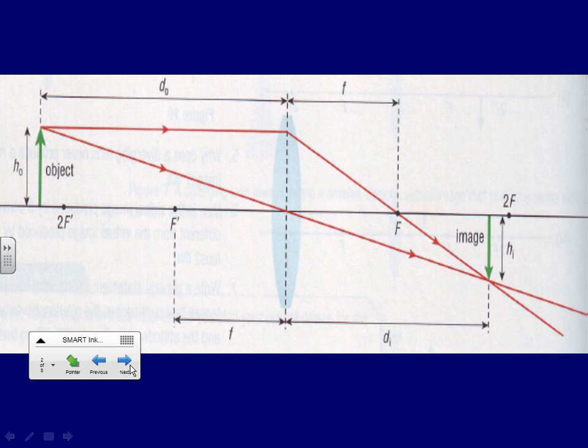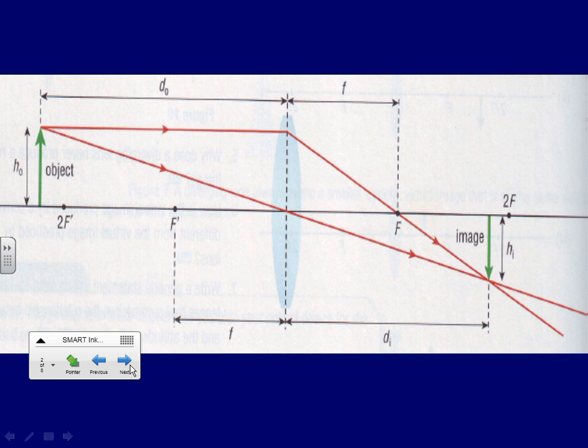So to start with, even before I draw my ray diagram, the distance from the lens out to the SF or to the PF, it doesn't matter, is our little f. That represents the focal length, if you recall. Okay? And my distance out to the object here, because I've already put that down, I'll put an O on the top of that, object.